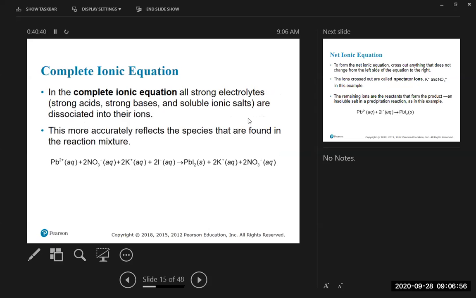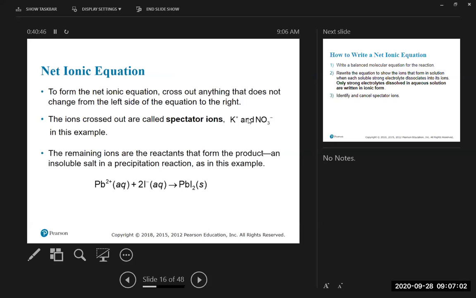So if we wanted to write that net ionic, we would cross those out. And what we wind up with is lead ions plus the iodide ions form lead iodide. And this would be then that precipitation reaction in this case.